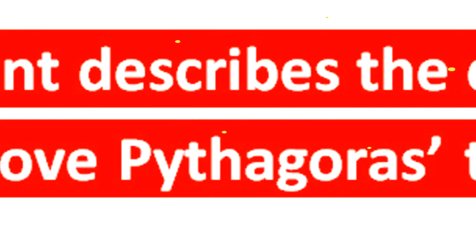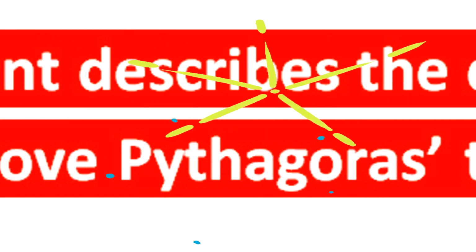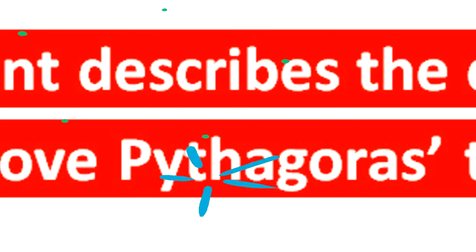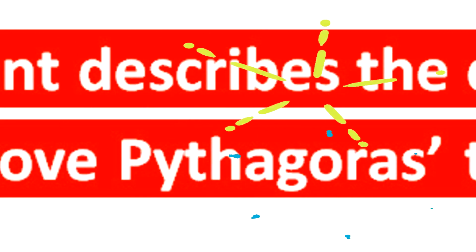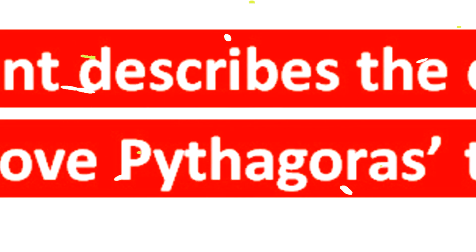Simplifying this equation, we have A superscript 2 plus 2AB plus B superscript 2 equals A superscript 2 plus B superscript 2 plus A superscript 2 plus B superscript 2. By cancelling out the common terms and rearranging, we get 2AB equals 2 times (A superscript 2 plus B superscript 2).